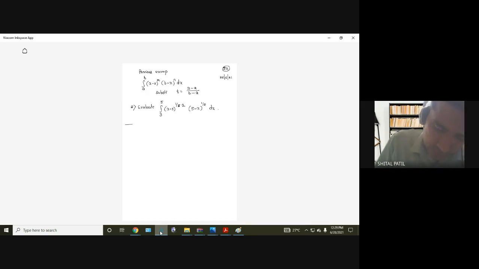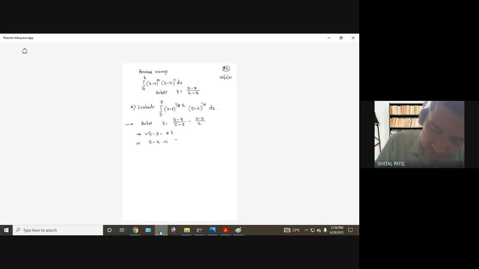Substitute t equal to (x minus a) divided by (upper limit minus lower limit), so t equal to (x minus 3) divided by 2. So x minus 3 equal to 2t. Second, we want 5 minus x.